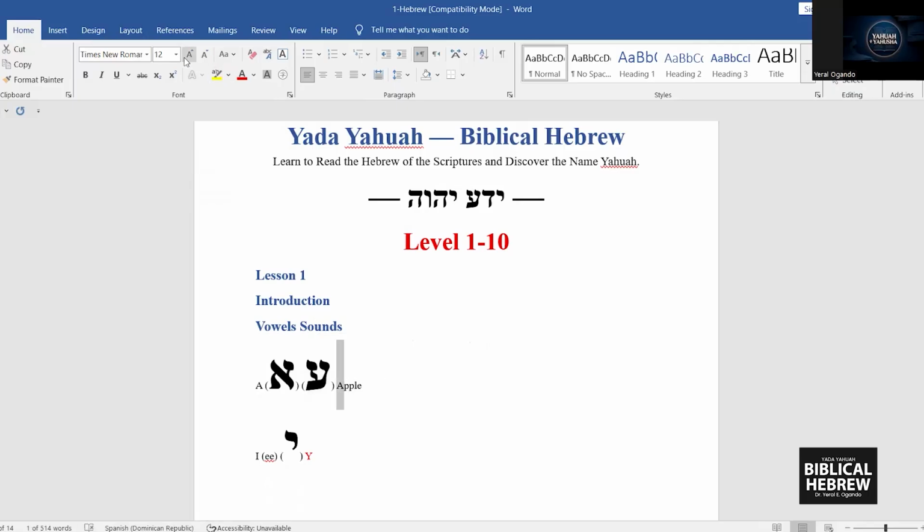Nope. So let us increase so you understand better. This is the sound of the Hebrew a. It's not a, it is always a. And this is the first vowel sound we have, which is represented by Alef and Ayin.